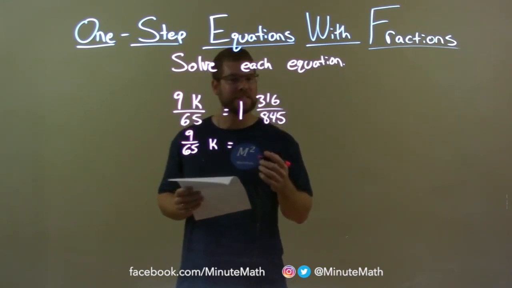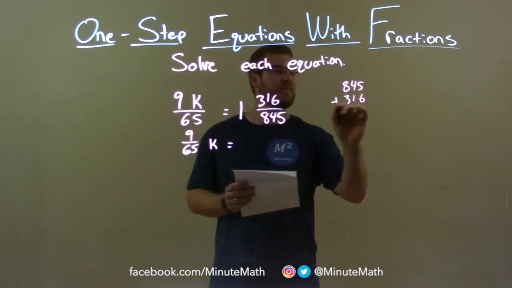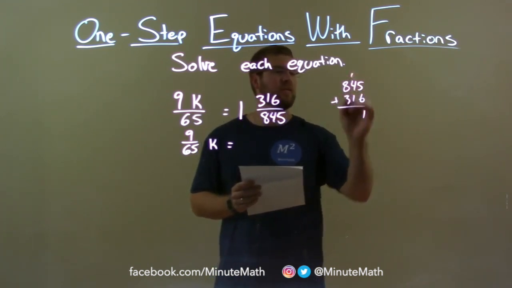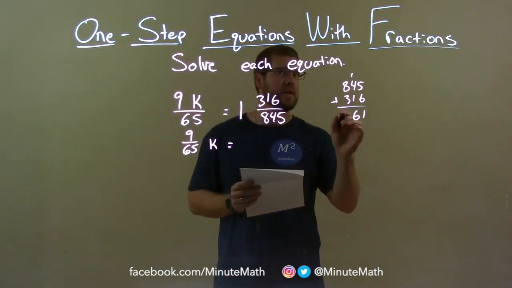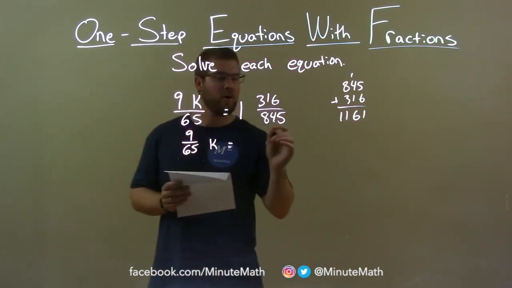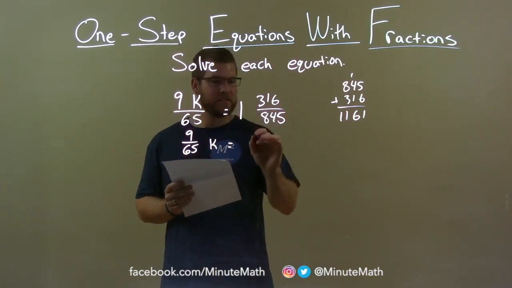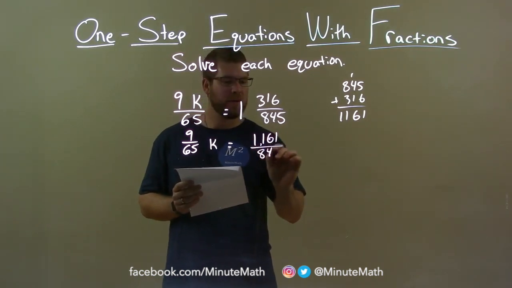We add 3/16 to that, well, 845 plus 3/16, add that, 5 plus 6 is 11, carry the 1, 4 plus 1 is 5, plus 1 is 6, and 8 plus 3 is, oh my goodness, brain fart, 11. There we go. And so, this fraction here is really 1,161 over 845.